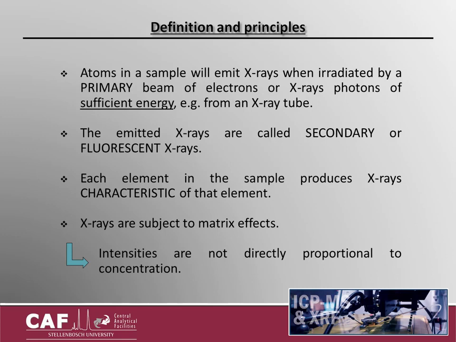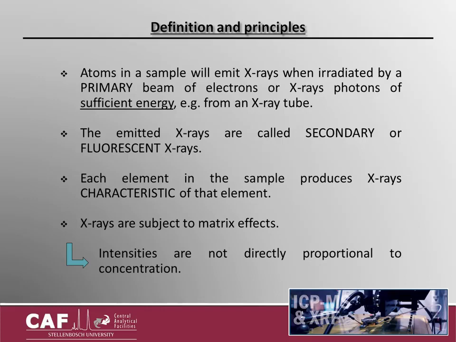The X-rays produced from the atoms of the sample are called secondary X-rays or fluorescent X-rays. Each element in the sample excited by primary X-ray photons will produce X-rays that are distinctively characteristic of the element.